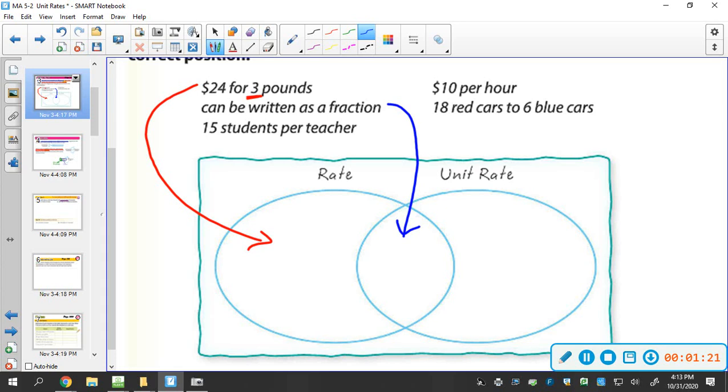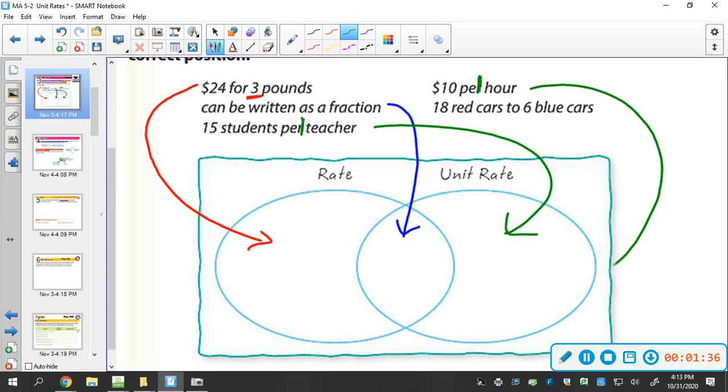15 students per teacher. Since it says per teacher, that means for one teacher, so that would be a unit rate. $10 per hour, so that's $10 for 1 hour. That would be a unit rate. And 18 red cars for 6 blue cars.